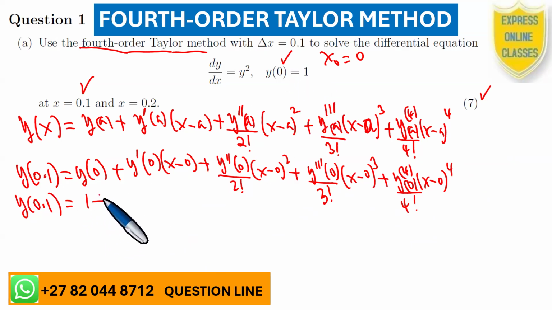y at 0 is clearly 1, plus y primed at 0. Y primed at x is this, so when you do y primed at 0, you make x equal to 0. So it's going to be y0 squared, but y0 is 1, so it's going to be 1.